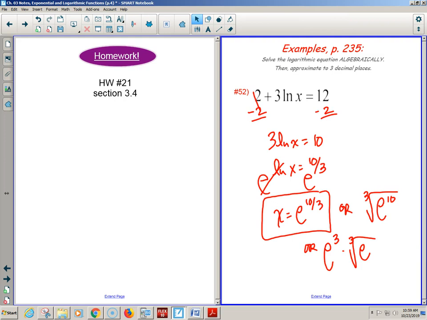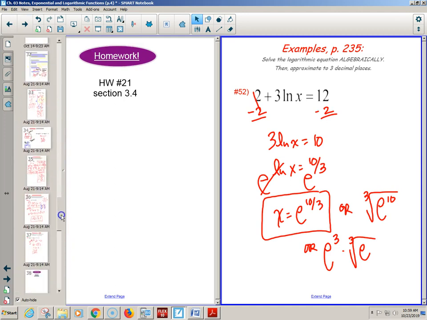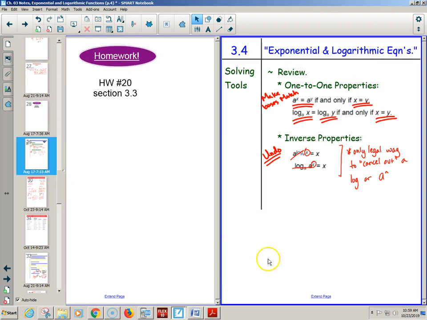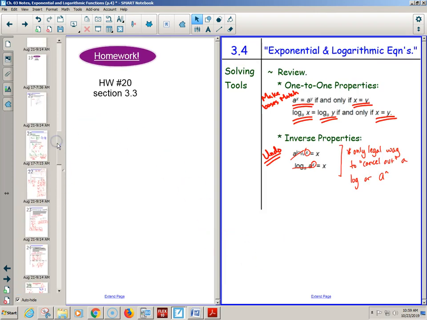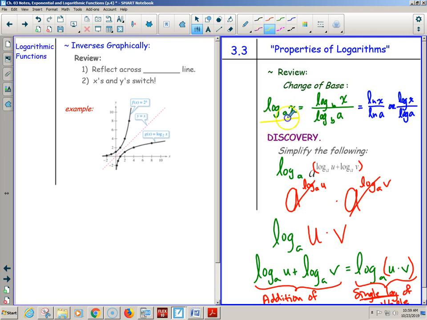And all of that is because, coming back to the very first page of 3.3, we were reminded that the change of base formula was a pretty important one. And so even though we're not lazy, it's just that this seems easier to use sometimes, like a log base 2 or a log base 4.